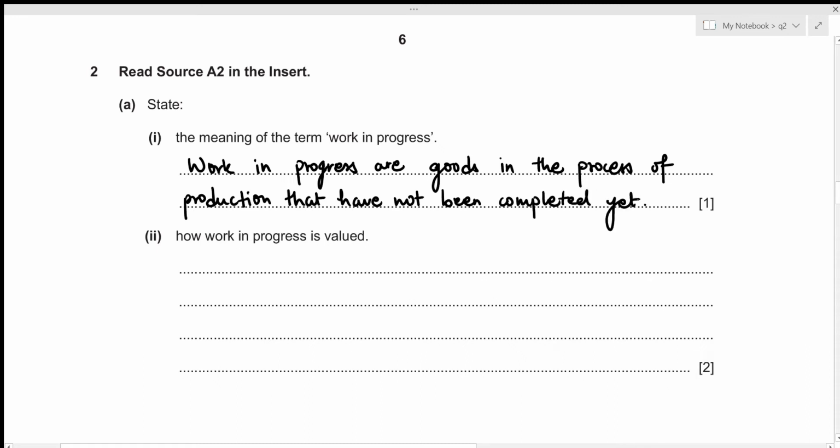Now for the second part, we need to state how work in progress is valued. Since work in progress is also a kind of inventory, we need to value it at the lower of cost and net realizable value according to International Accounting Standard 2. Let's write it down.